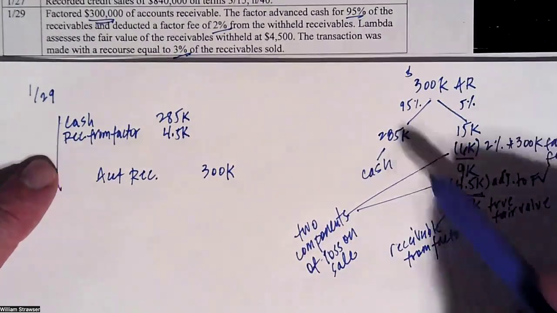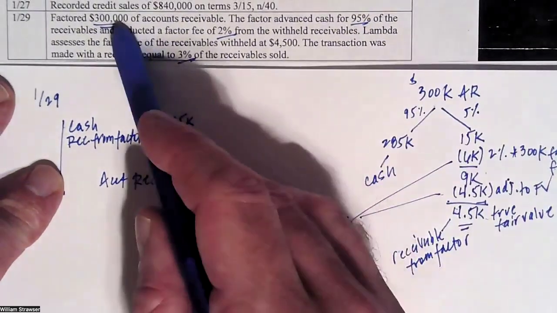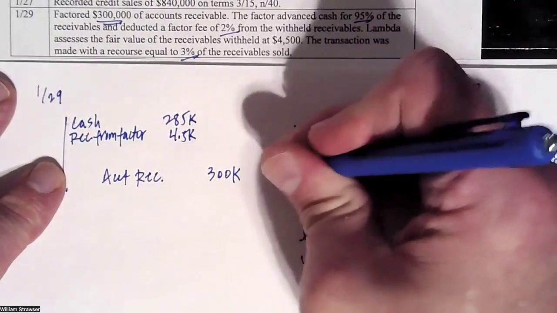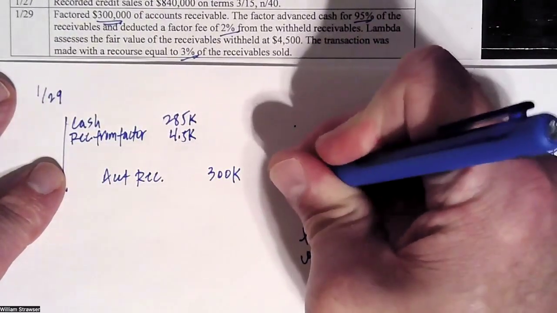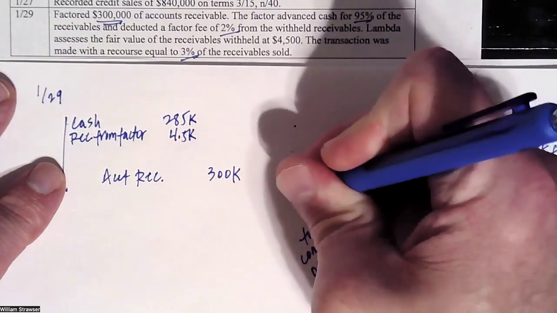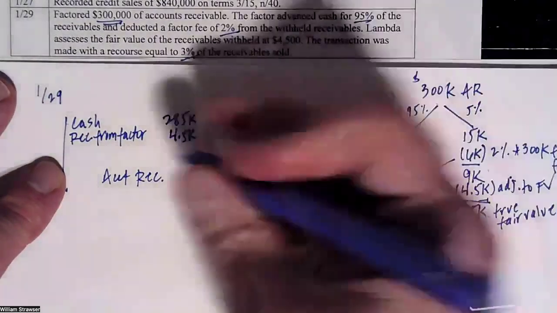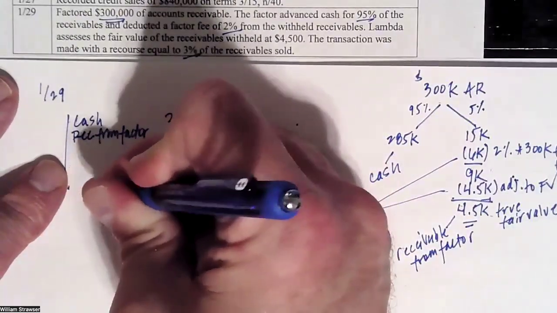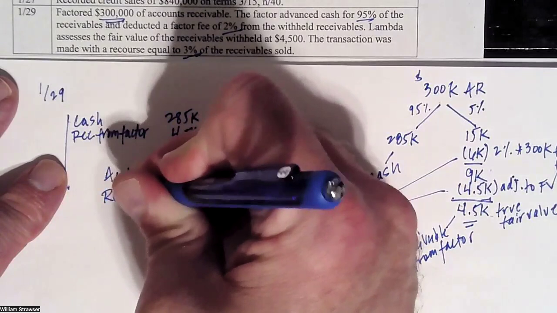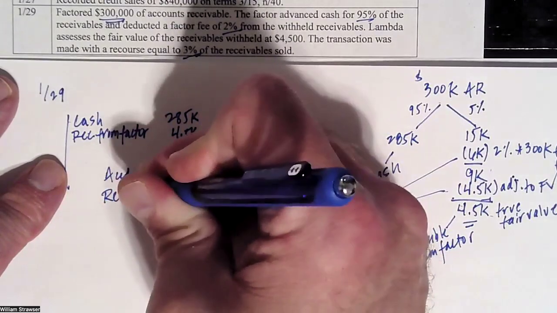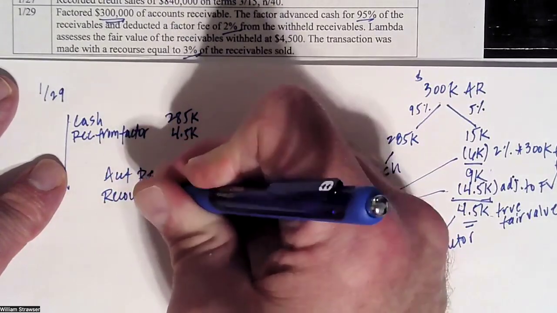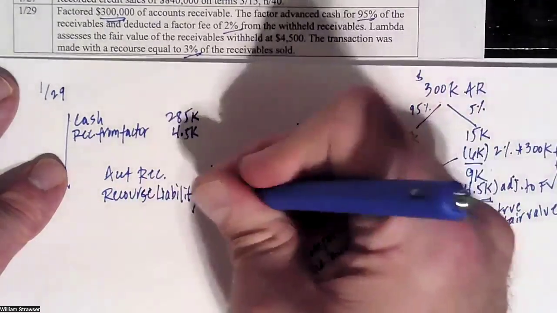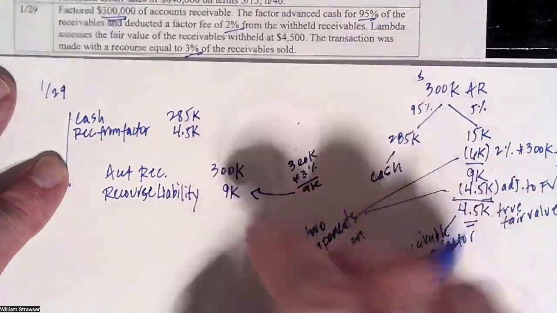But because we're adding the recourse and it's 3% of the receivables we sold, that's 9,000. So we want to credit a recourse liability for 9,000.